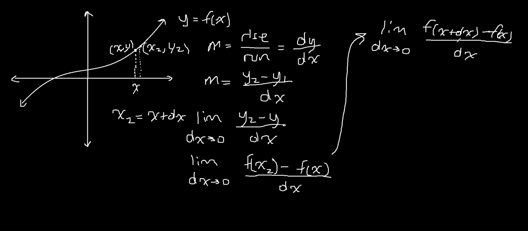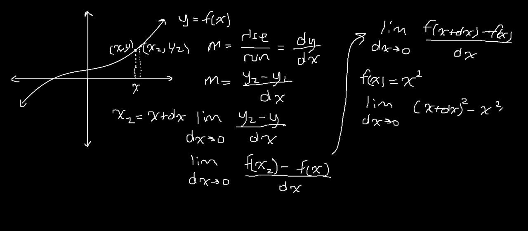So for example, if we had a function of, I don't know, f of x equals x squared. So let's try plugging that in. You get the limit as dx approaches 0 of f of this stuff. So we plug that into x here. So we'll get x plus dx all squared minus x squared all over dx.